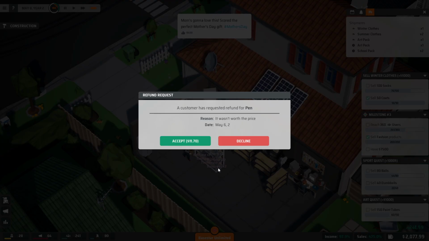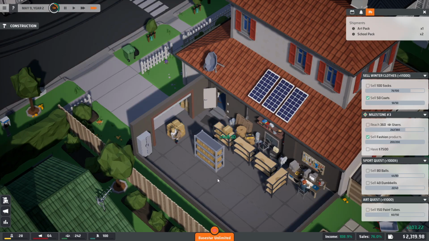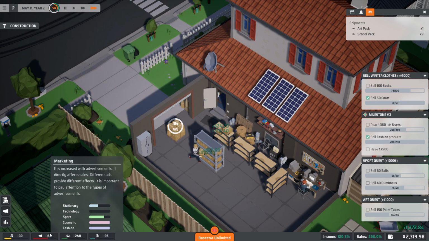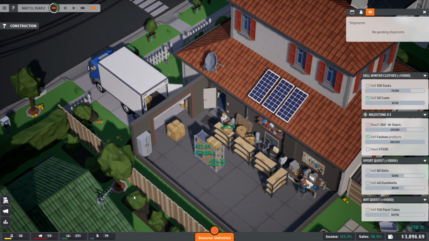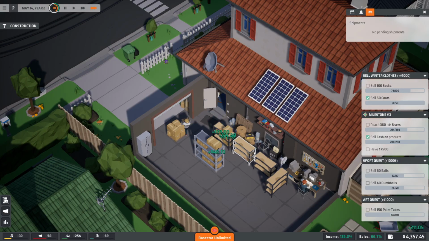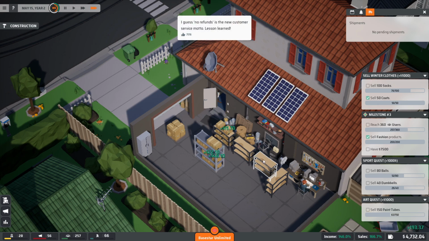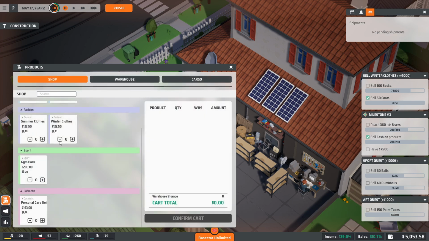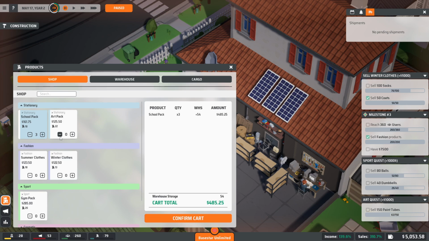Basically everything. Static. Wasn't worth the price. Alright. Art pack. Summer clothes.